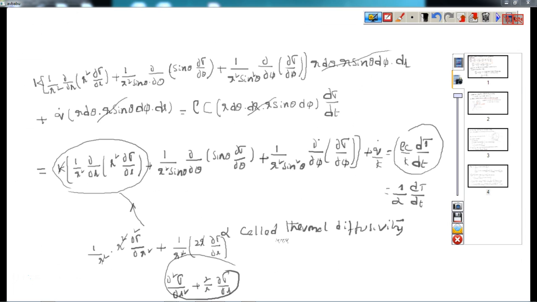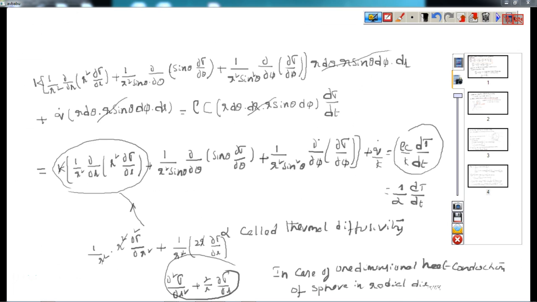Okay, right? So in case of one dimensional heat conduction of a sphere in radial direction, it will become dou square t by dou r square plus 2 by r dou t by dou r.